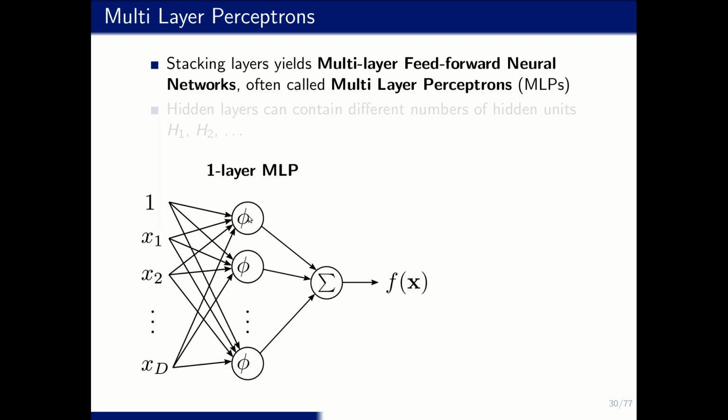So we could send this through another layer and generate a transformation of the output of this layer. And then we could add another layer and so on and so forth. And by doing this, we end up at so-called multi-layer feed-forward neural networks, often called multi-layer perceptrons or MLPs.